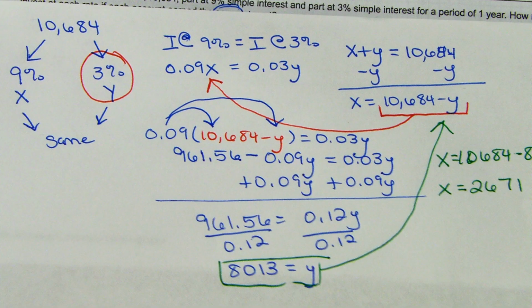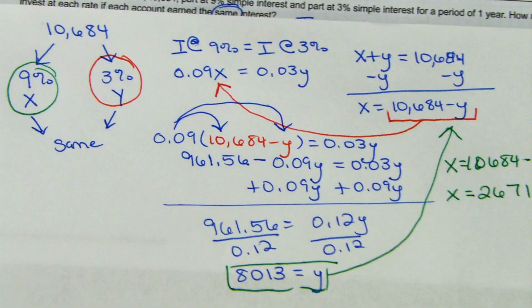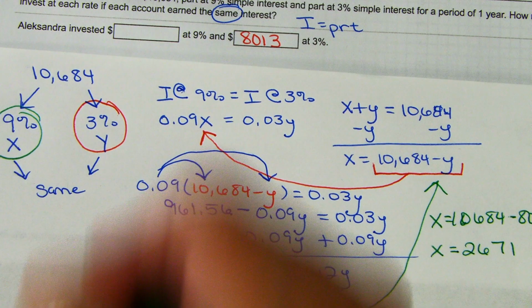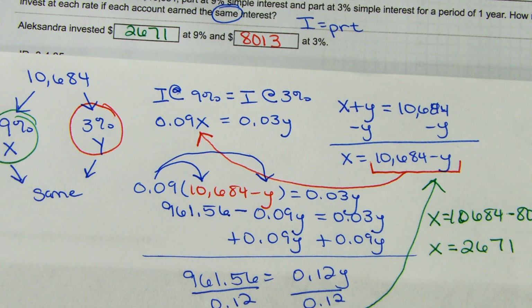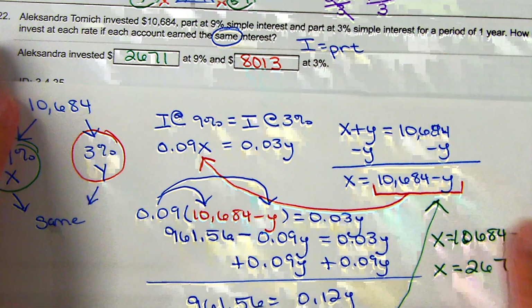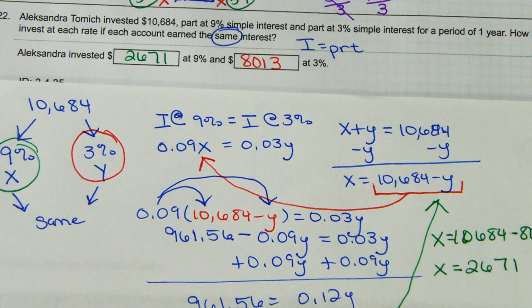And so how do I figure out how much she invested at the 9%? Well, I know that x plus y equals the $10,684. So I can take this 8,013 and plug it in to figure out what my x is. Because x equals 10,684 minus my y, and my y is 8,013.